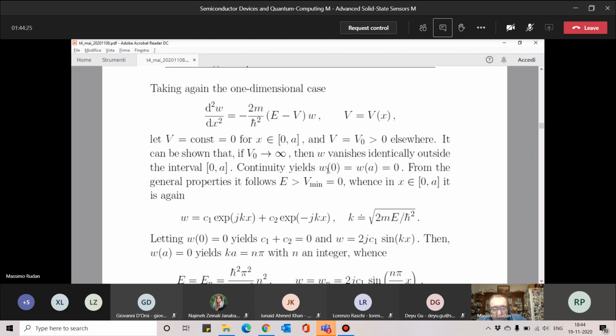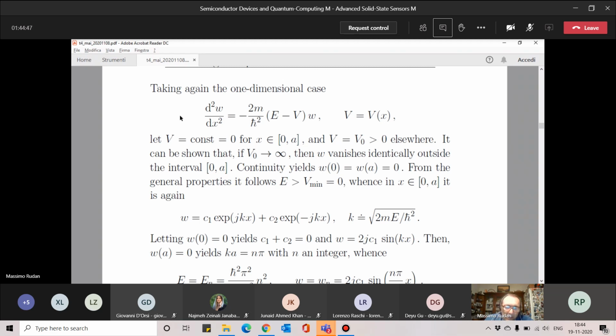So we do have two boundary conditions for this second order differential equation, in contrast to the case of a real free particle in which there were no boundary conditions, okay?